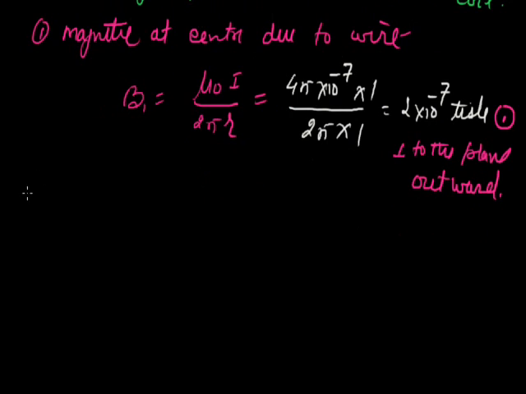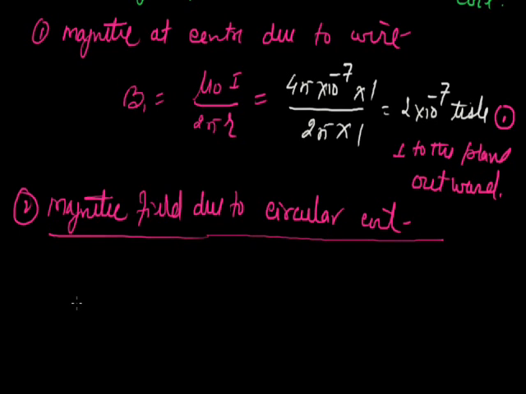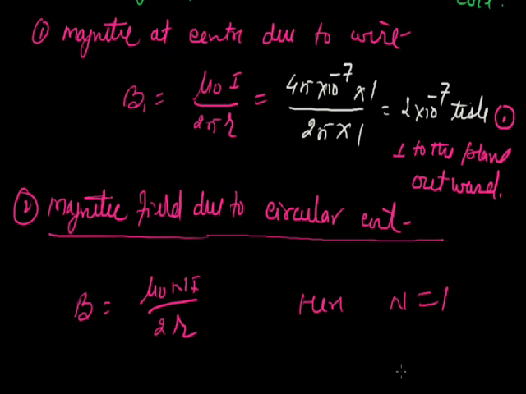Now the magnetic field due to the circular coil, that's B2. B2 is mu naught N I upon 2R. Here N is 1.